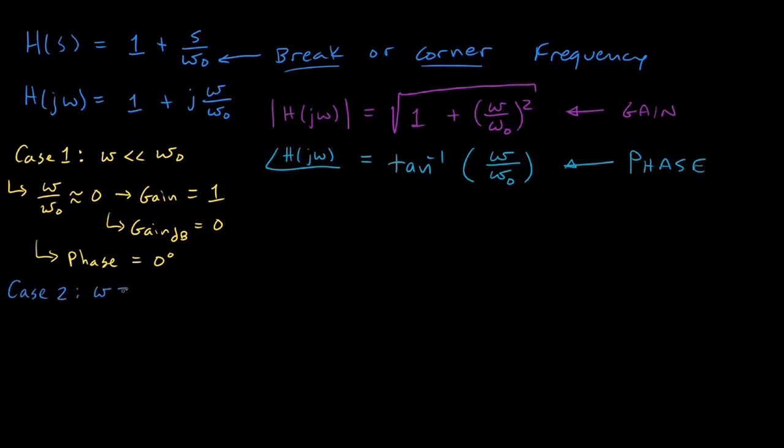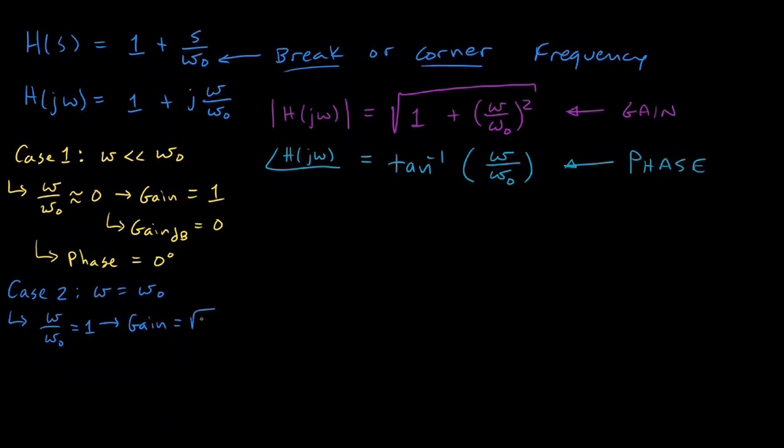Now case 2 is when ω equals ω0. In that situation, ω/ω0 equals 1. So our gain is the square root of 1 plus 1 squared, or just 1 plus 1, square rooted.